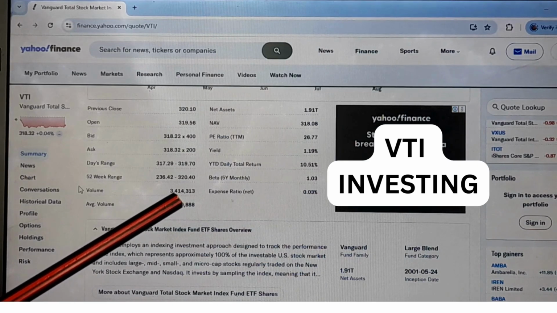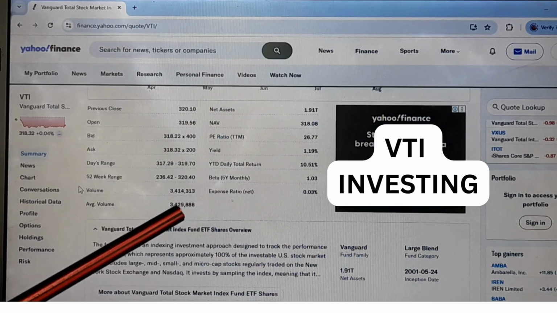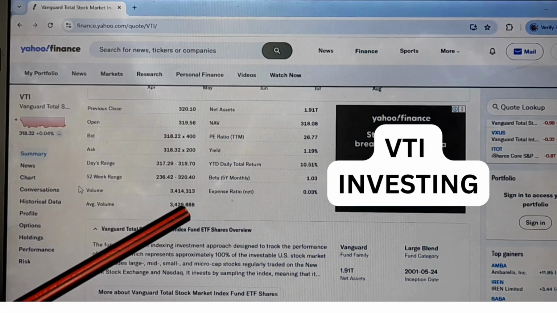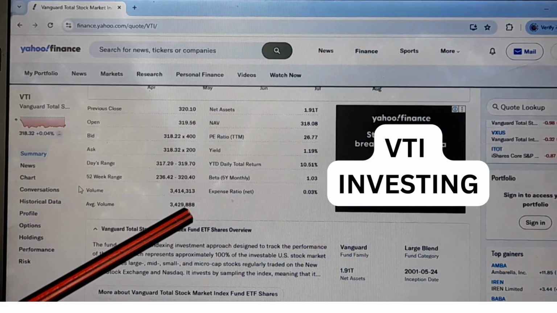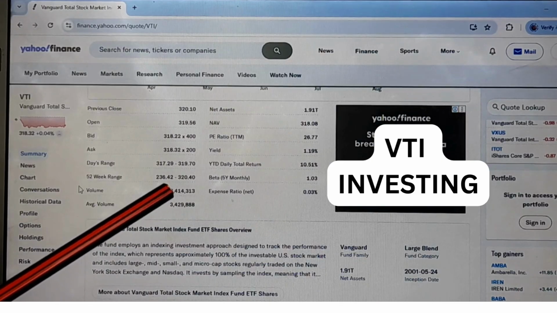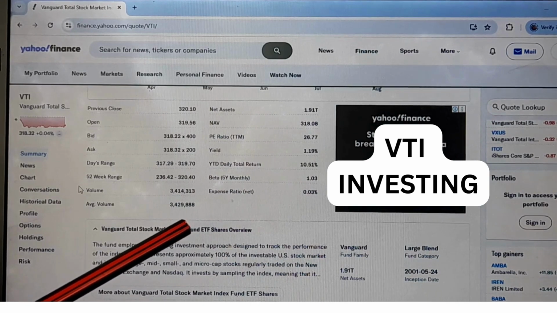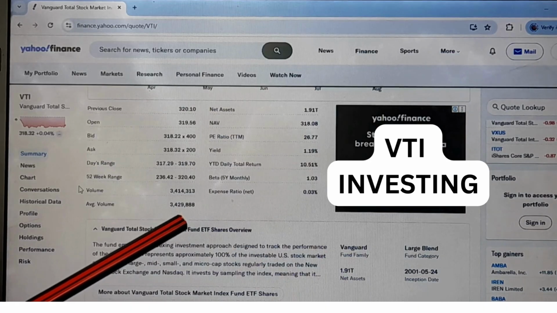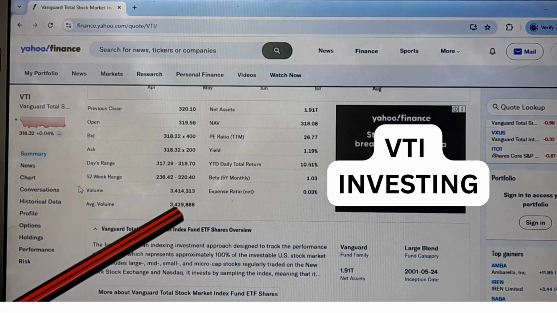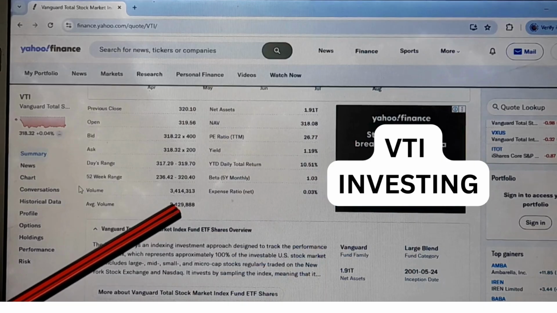Here we see 3,414,000. When the average volume is higher, it means the interest was not that high, okay? If the volume goes higher than the normal average volume, on average, this is how it performs. This is the volume. These are the shares, the trading that is going on, what is changing from one hand to another.